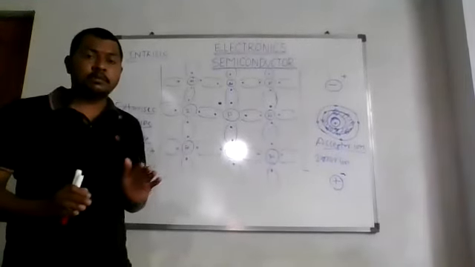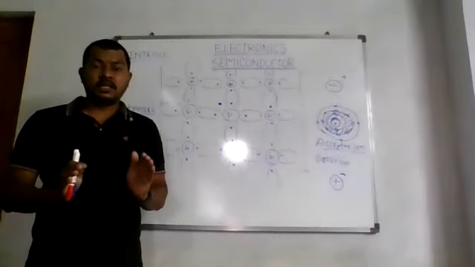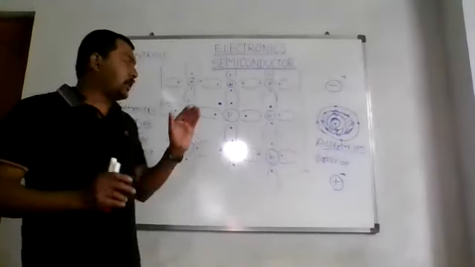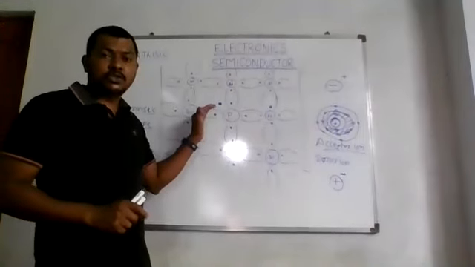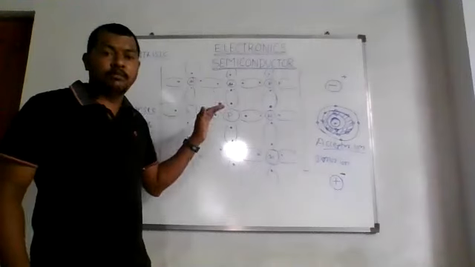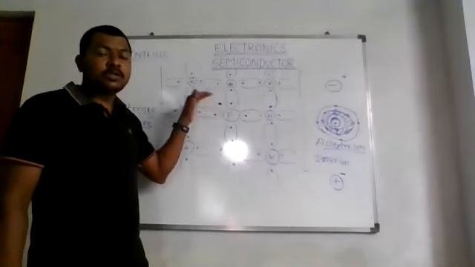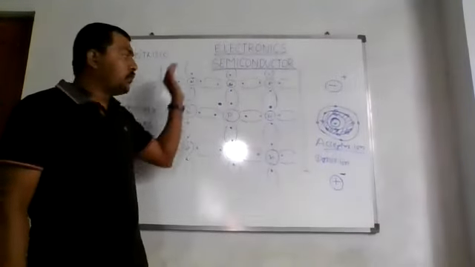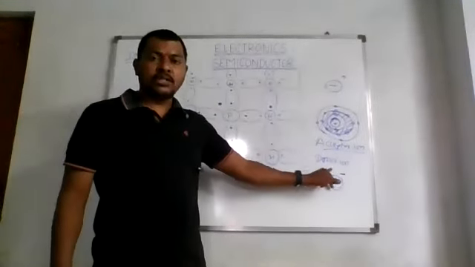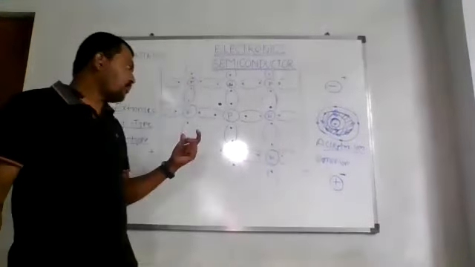For the N-type semiconductor, when a pentavalent impurity is added to a pure intrinsic semiconductor, it has five electrons in its outermost shell. So four electrons in its outermost shell will make four covalent bonds, and one electron is in excess over here. This excess electron leaves a positive charge on the ion itself, right?